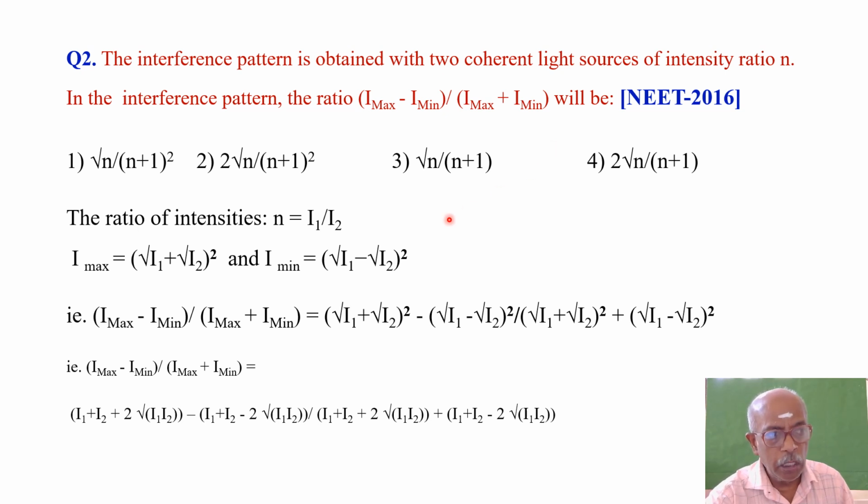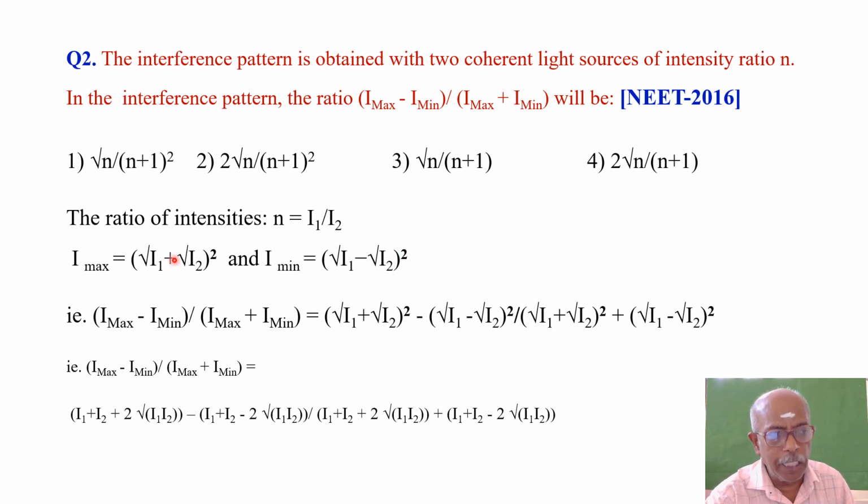So Imax is equal to square root of I1 plus square root of I2 the whole square, because the intensity is proportional to the square of the amplitude that you have studied in this chapter. So Imax is equal to root I1 plus root I2 the whole square, and Iminimum is equal to root I1 minus root I2 the whole square.